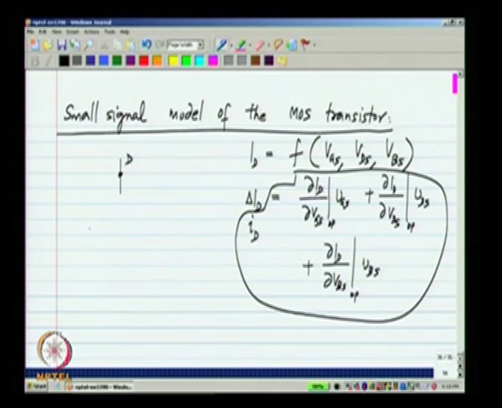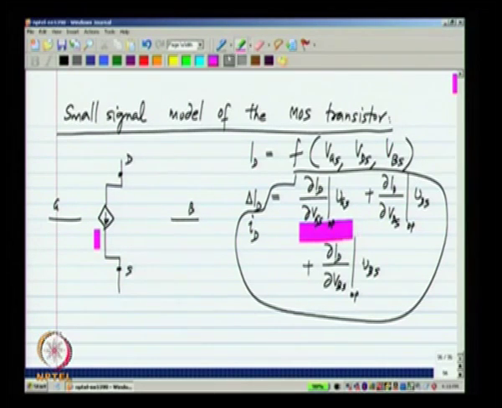So, we have 4 terminals: drain, gate, bulk and source. So, between the drain and source, we will have a controlled current source, and this denotes this particular current, and this constant, as you are probably aware, is called GM. Okay.